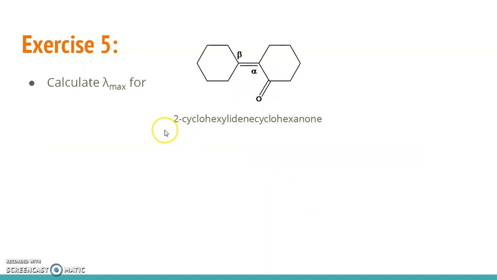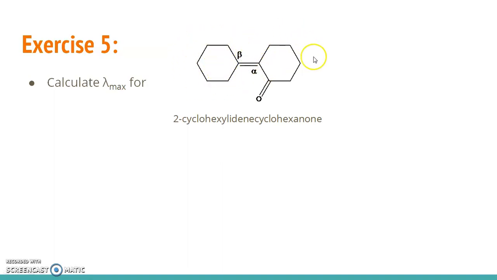Coming to the next exercise, which is exercise 5, I have a structure here which is an alpha beta unsaturated carbonyl molecule with some ring systems, and we will attempt to draw some conclusions about this structure to obtain the absorption maxima values. To find the parent value, we have an alpha beta unsaturated 6-membered cyclic ketone.